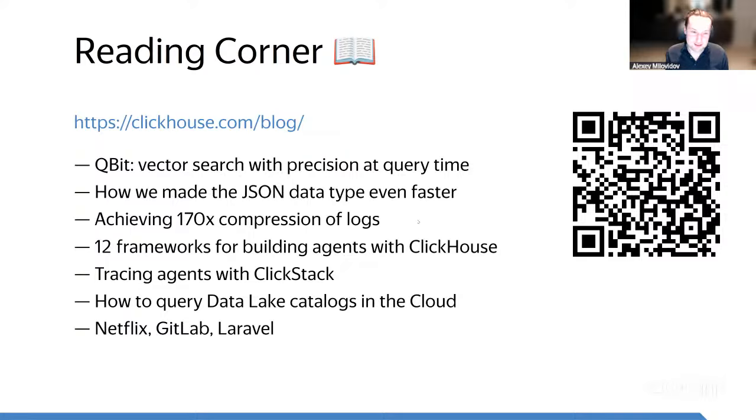We tested 12 different frameworks for building agents with ClickHouse and selected the best. I will not tell you which framework is the best because you have to read this article. If you are interested in ClickHouse native observability product ClickStack, and if you are interested in AI agents, now you can trace agents with ClickStack. And a lot of customer stories from Netflix, GitHub, and Laravel.